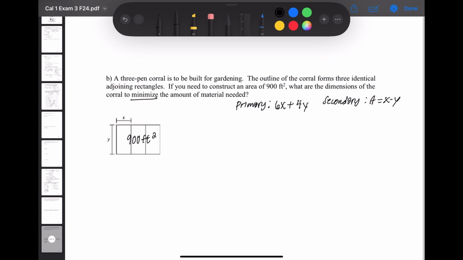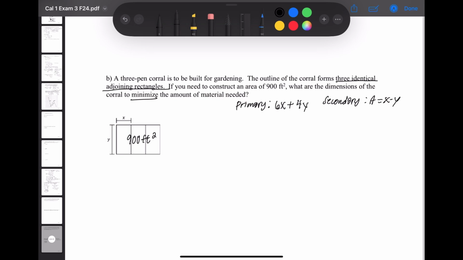So now we need to find, so the outline of the corral forms 3 identical adjoining rectangles. So 3, okay. So we need to find, it says 3 identical adjoining rectangles.